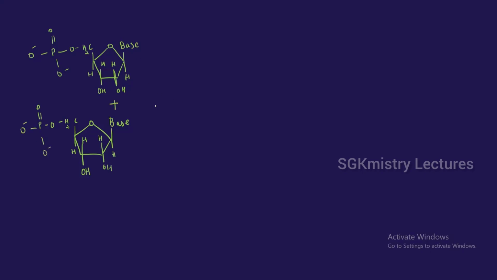So these both join together. Now how do they link with each other? Now I'm showing how a dinucleotide is formed. So we have the base here, H, OH. Now this is H, right? H, H. This remains as such, CH2O, P double bond O, O minus, O minus.